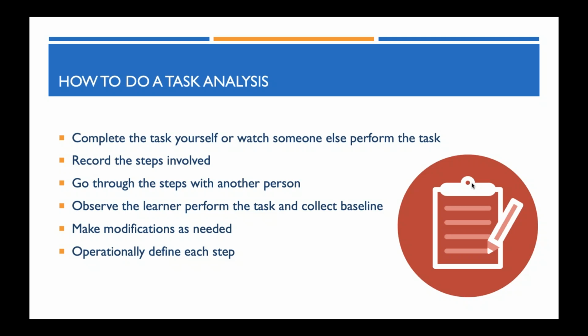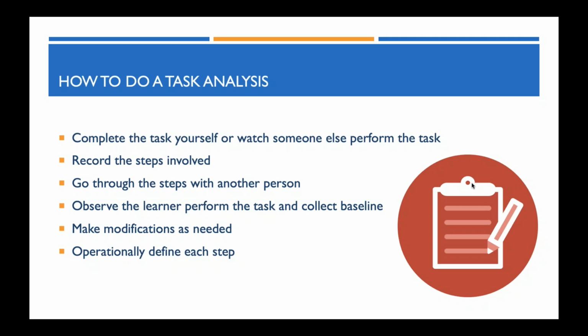So how do you do a task analysis? Well, the best way is to actually do it yourself. So complete the task yourself or watch someone else perform the task. Record the steps that are involved. Go through the steps with another person.